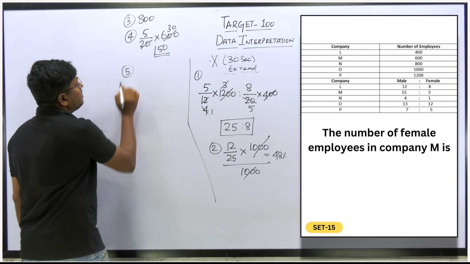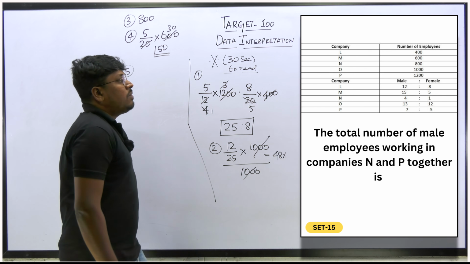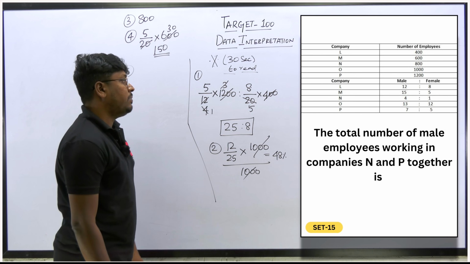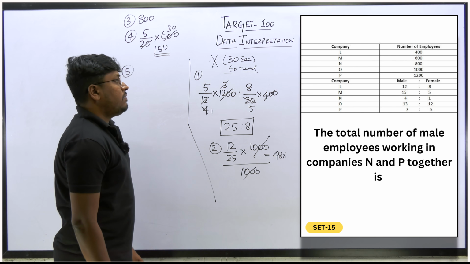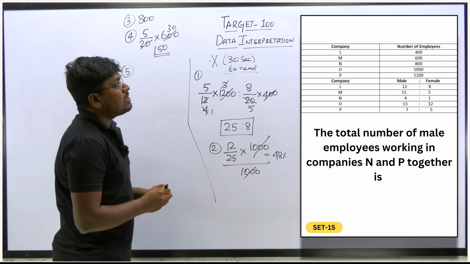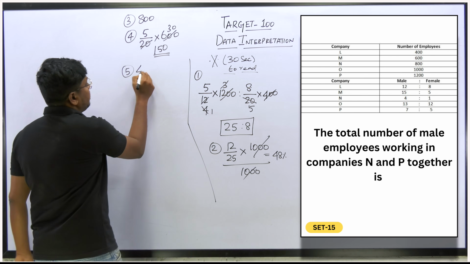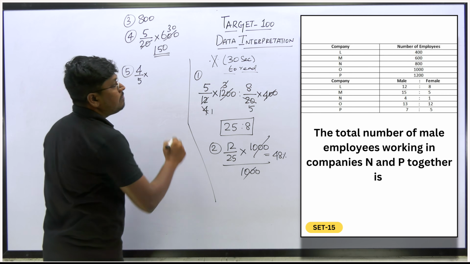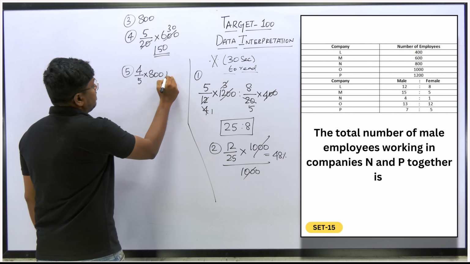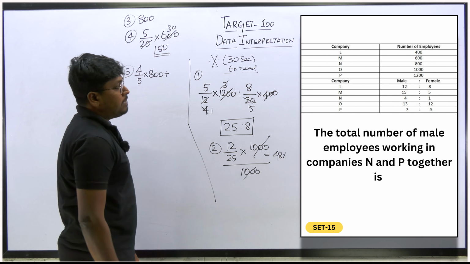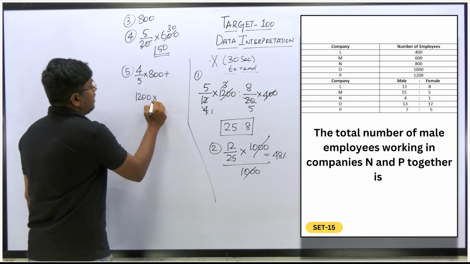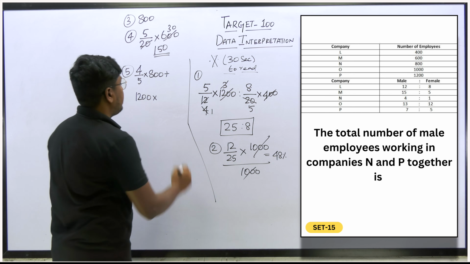So fifth question. The number of male employees working in companies N and P together. So okay, the total number of male employees. N is how much male employee? 4 part. So 4 by 5, into the total, the male employees in company N will be 800. So plus P together. P will be 1200 is the total number of employees, and for P 7 divided by 12.